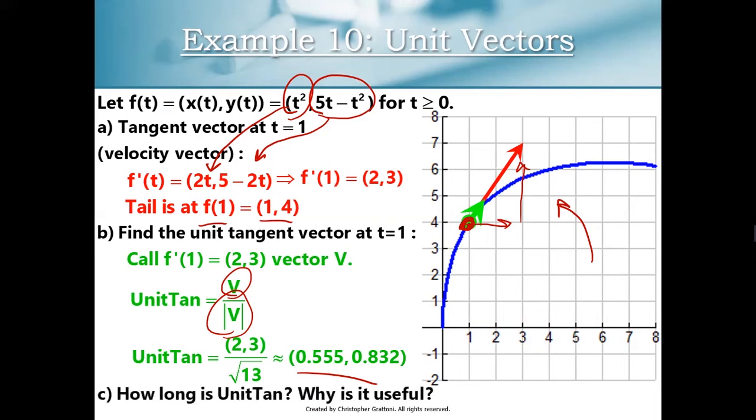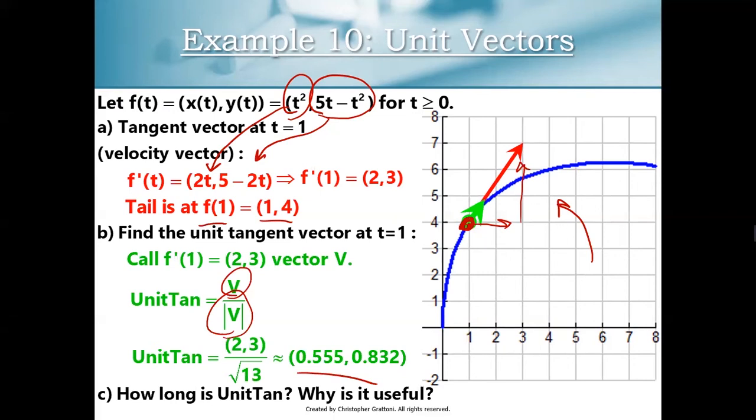And the reason this is useful for people, especially in a physics context, is that there are certain situations where you care about the direction something is traveling in, but you don't necessarily care about the velocity or the speed at which it's traveling. We just care what the bearing is. What direction is this particle traveling in?